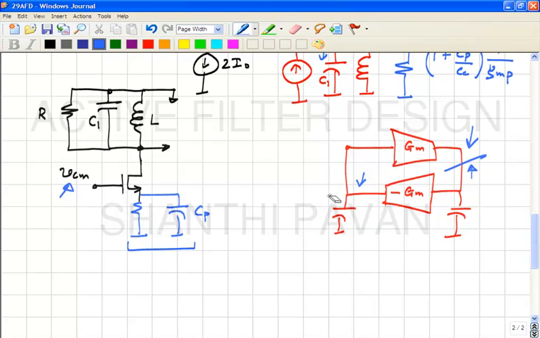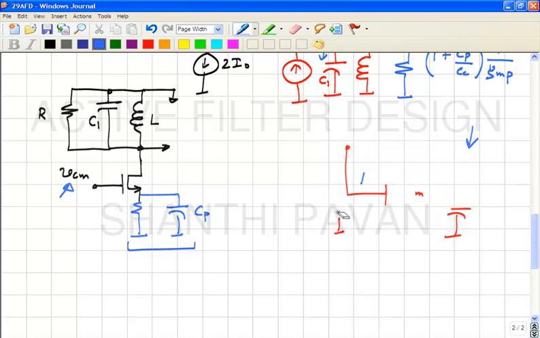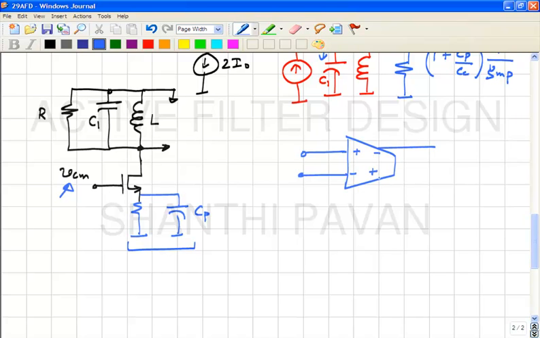Okay. Now, if the transconductors are all fully differential, how do you form a gyrator? This is the first transconductor, where the output current difference is proportional to the difference in the input voltages.